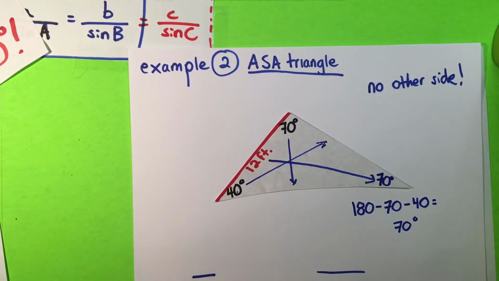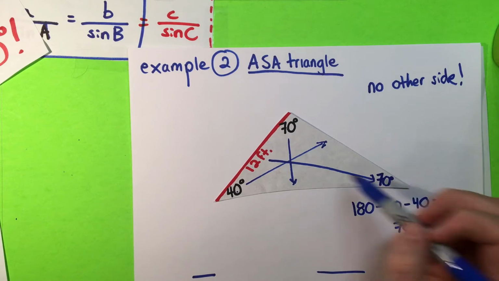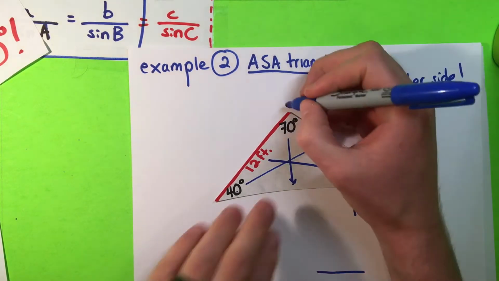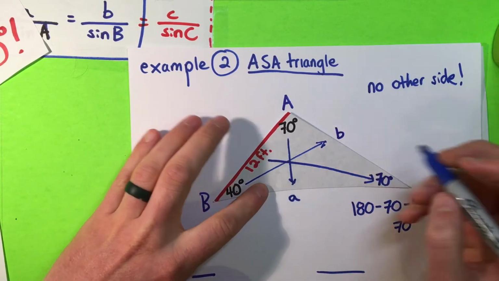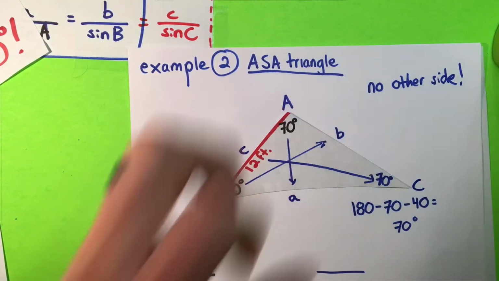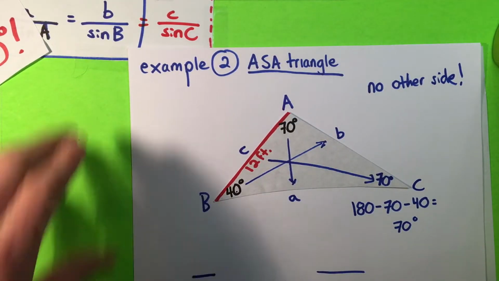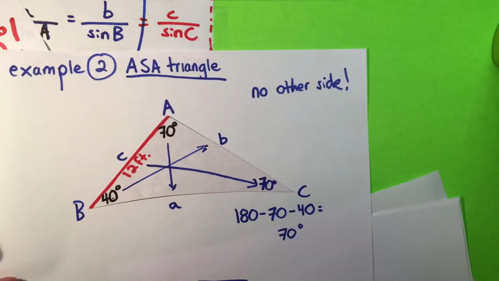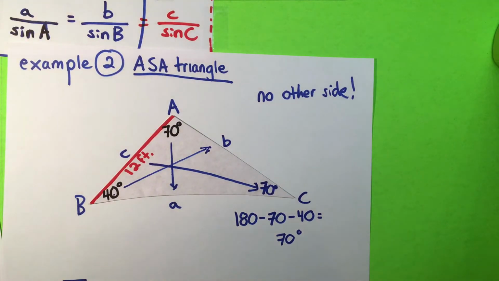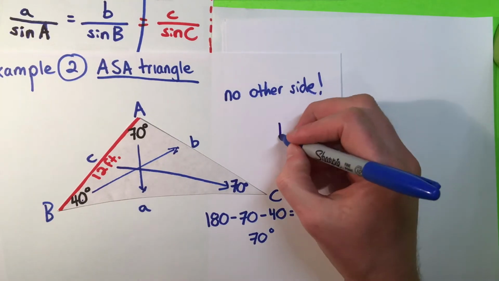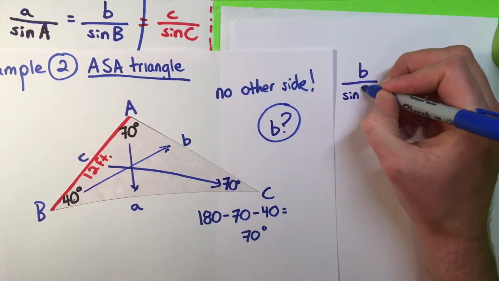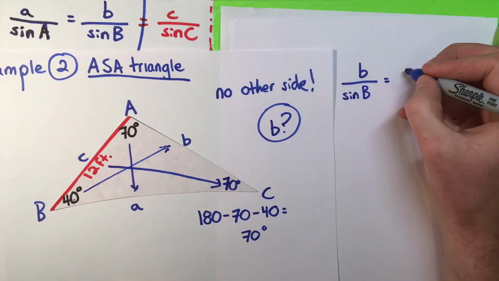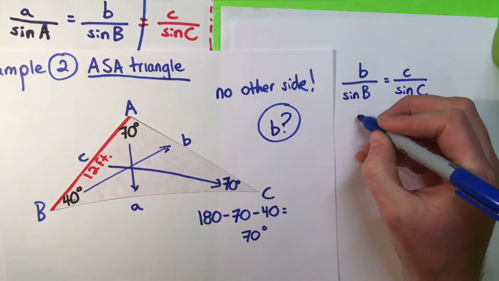We're going to put that in first, and now we have an angle across from a side length. We're going to denote the different angles A, B, and C. It doesn't really matter where they go. Again, what matters is that the same letter is across from the same letter. So we're going to make big C 70 and little c 12. Now let's try to find what side length b is.